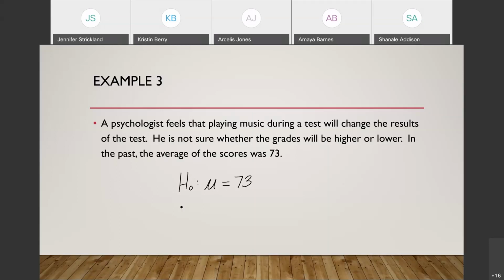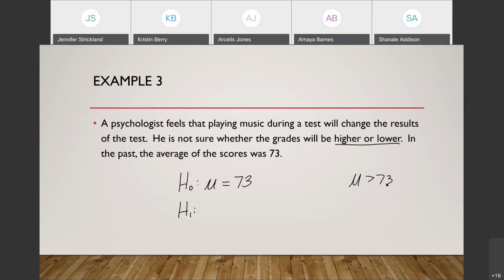All right. So let's look at the one he is thinking about. He wants to see if it changes the results. Now, I have to be kind of careful here because he doesn't know if it's going to be higher or lower. So I've got to come up with some sort of statement that reflects both options. If I were to write it this way, then I'm saying he's only interested in it being higher.